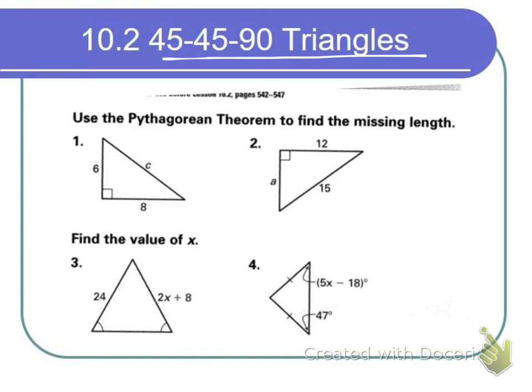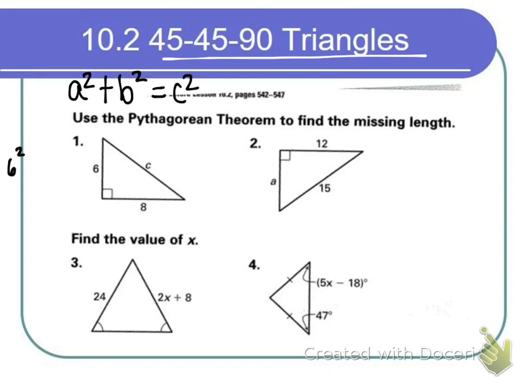A squared plus B squared equals C squared is correct. So they already labeled for us which side was missing. So on number 1, what do you want to plug in for A?